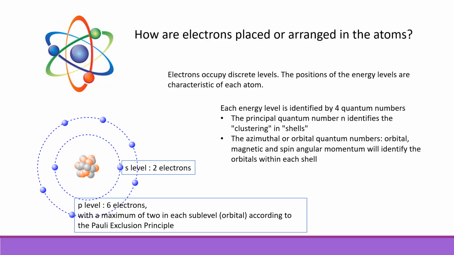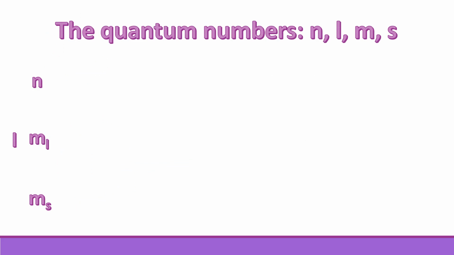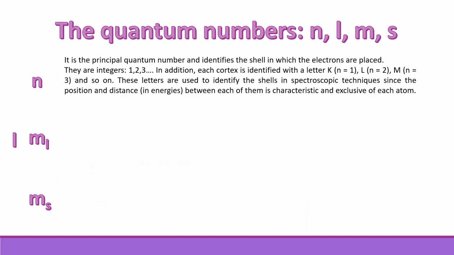For instance, here you have a p level. A p level can accommodate up to 6 electrons, with a maximum of 2 in each sub-level, each orbital, according to the Pauli exclusion principle. Let's remind ourselves of the quantum numbers n, l, m, s, so it's nothing new. n is the principal quantum number.